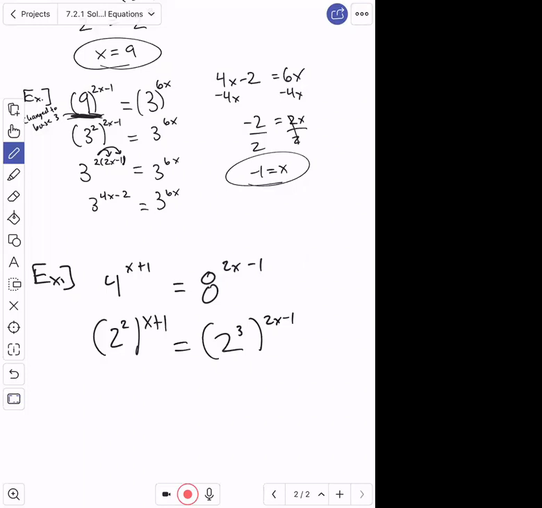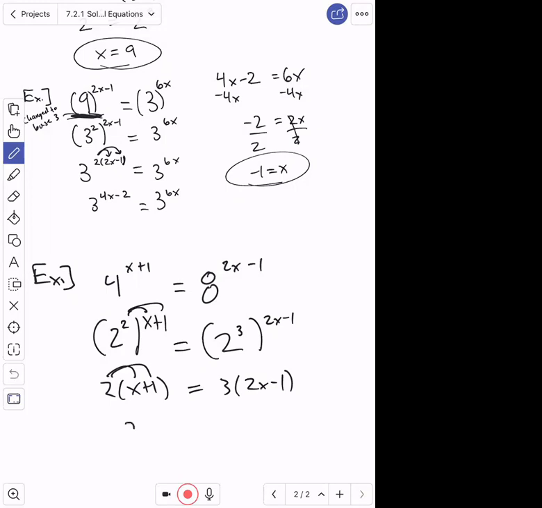So here you had to change both bases. I'm not sure how the algebra is going to work out with me just making up the equations, but we got 2 times x plus 1 equals 3 times 2x minus 1. Just got to do the distributive property here. Last time I did that in the exponents. Here I'm doing it in the equations.